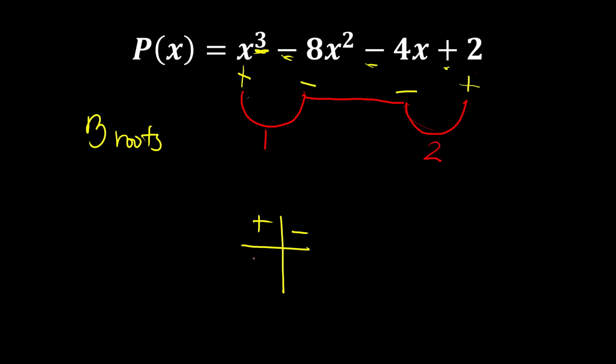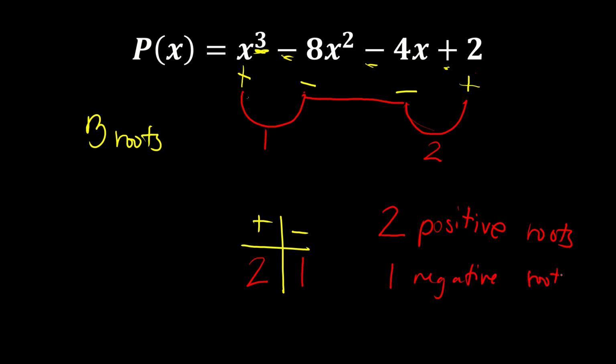So therefore, there are 2 positive roots and 3 minus 2, so 1 negative root. Again, for this function, there will be 2 positive roots and 1 negative root. Ayan, magsulat ng ballpen ko. Naubos na yata yung tinta.